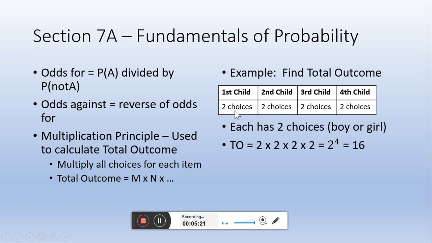So the first child has 2 choices, the second child has 2 choices, the third child has 2 choices, and the fourth child has 2 choices. So we apply the multiplication principle by multiplying all the choices for each child. So 2 times 2 times 2 times 2, or 2 to the 4th power, because technically it's repeating itself in multiplication. So that's basically 16. So you have 16 possible different combinations in a 4-child family.